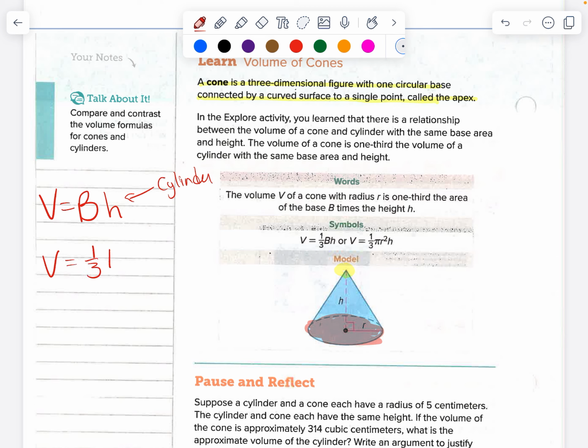You actually have a third of it now. So all you're doing is taking the formula for the cylinder and dividing it by 3. So that's where we get 1/3 times pi r squared h. Some people like to write it as pi r squared h over 3. Either one of these two will work.